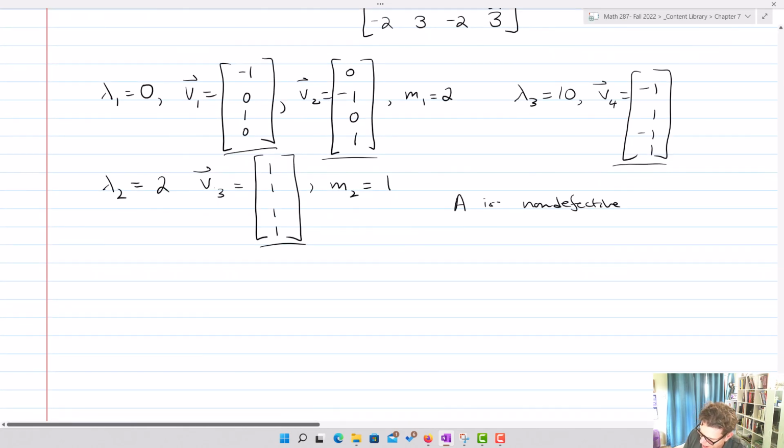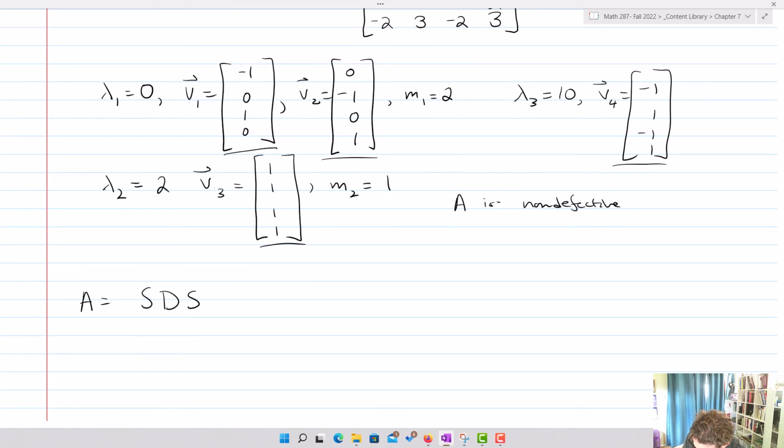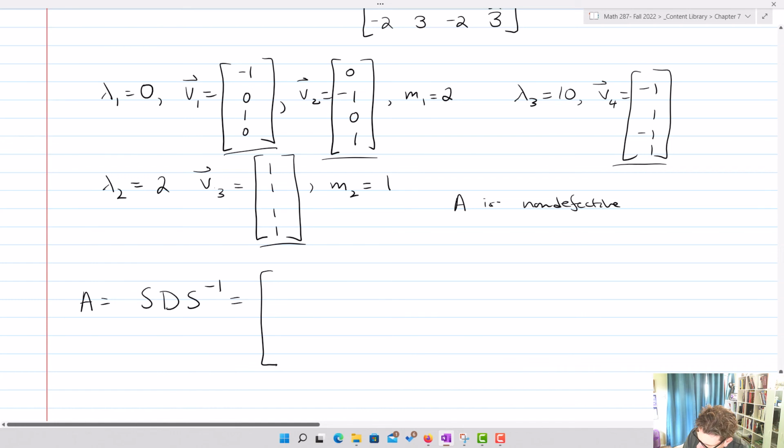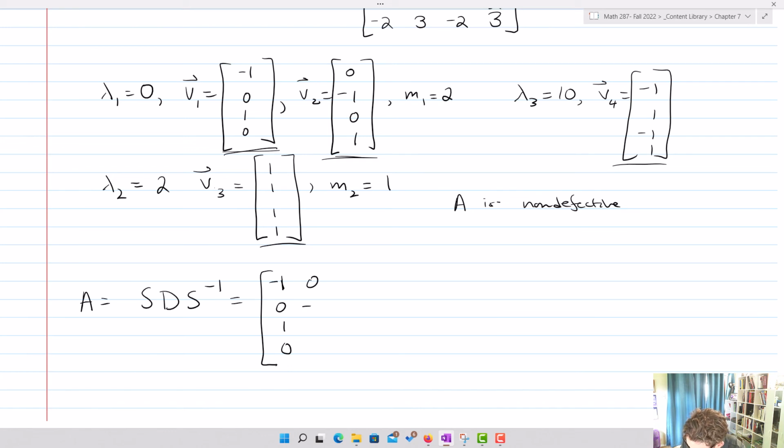So I go in here now and I'm going to say A equals S D S inverse. We're going to let S be the eigenvectors, and I'm just going to put them all in order: -1, 0, 1, 0, 0, -1, 0, 1, -1, 1, -1, 1, and then 1, 1, 1, 1. We'll multiply that by the associated diagonal matrix.